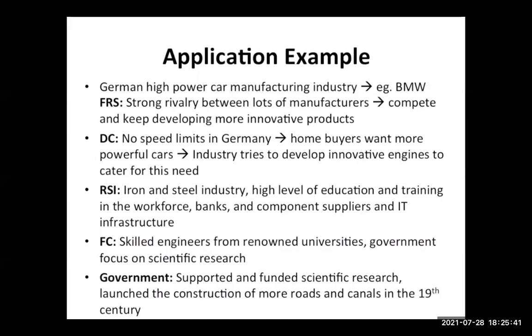The government has played an important role in creating a regional advantage, as it supported and funded scientific research and launched the construction of more roads and canals in the 19th century. By satisfying all these factors in Porter's diamond, it therefore helps to explain why Germany's luxury high-power car manufacturing industry has a regional advantage.